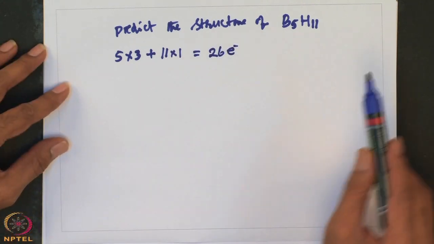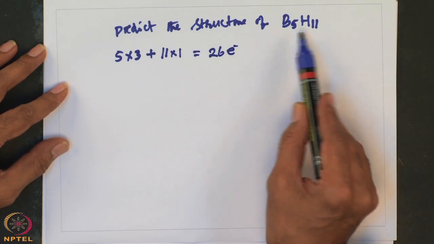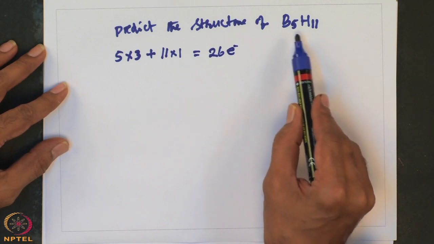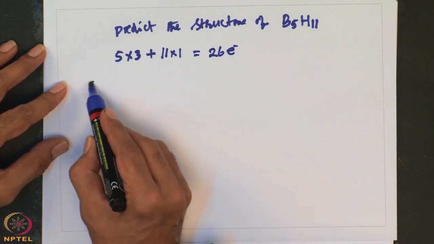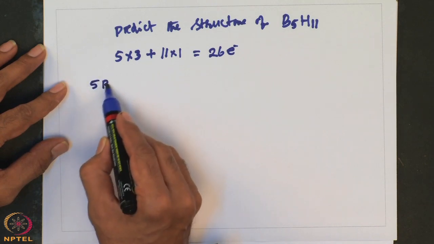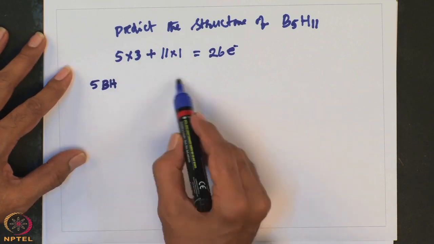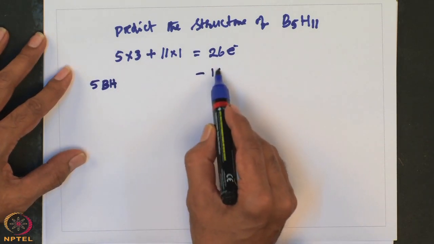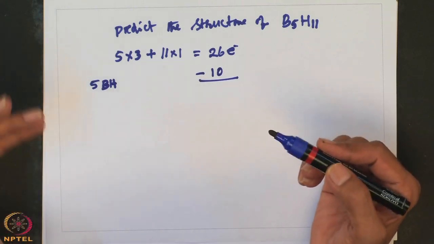Out of 26 electrons, we have to subtract 2 electrons per boron atom to make a BH bond. In this case, we have at least a minimum of 5 BH bonds, and each one will require 2 electrons. So, we should take 10 electrons from this, and the remaining electrons will be utilized in cluster building.